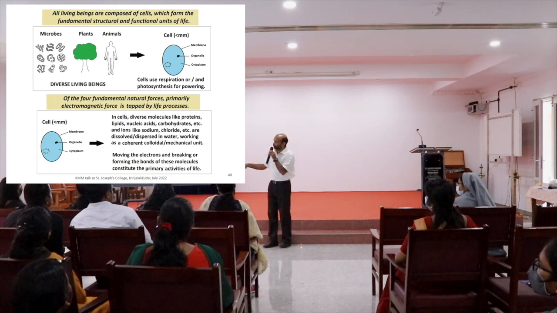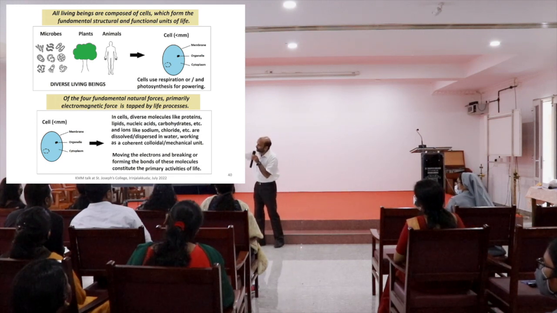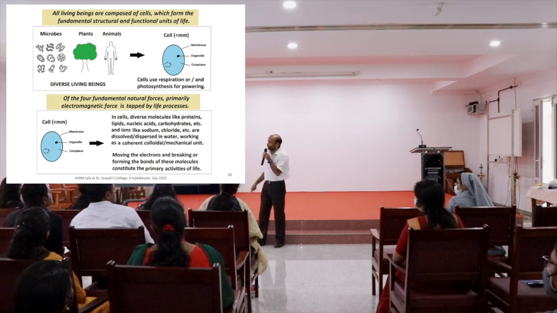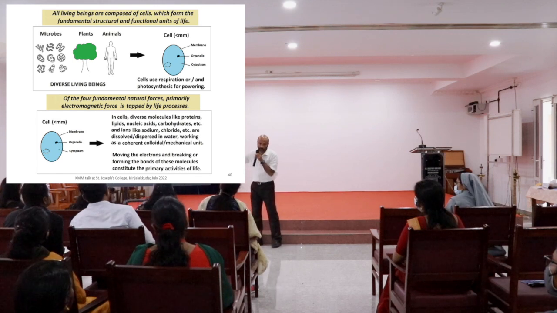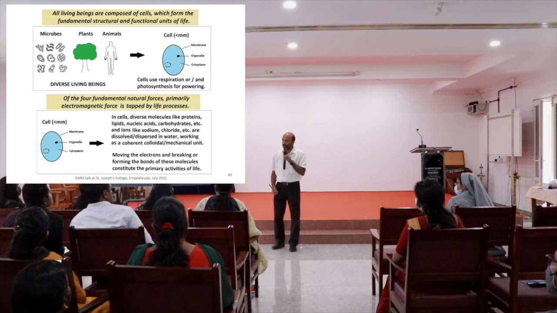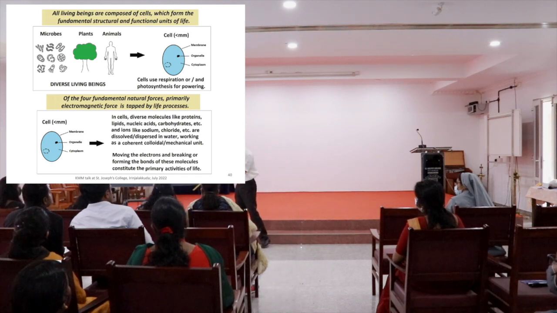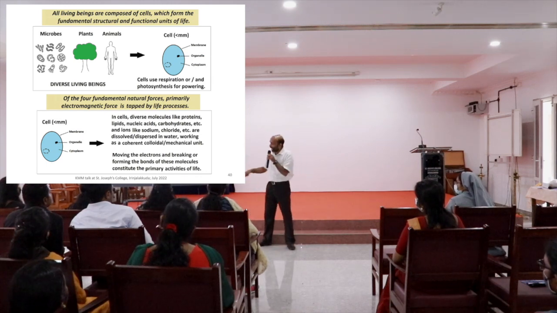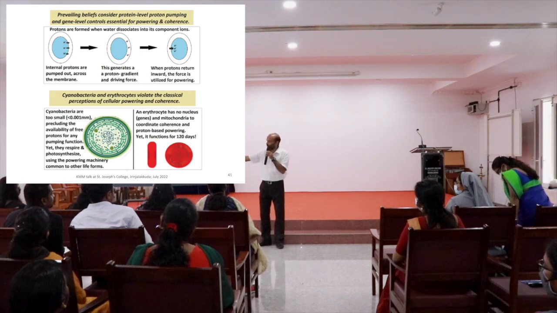It's a very simple poster. All living beings are made of cells. Cells use respiration or photosynthesis for powering. Now, of the four fundamental forces, we need to use electromagnetic force, and the cell has to work as a coherent unit. The classical theories require a nucleus for regulation of units, and they require a proton pump.